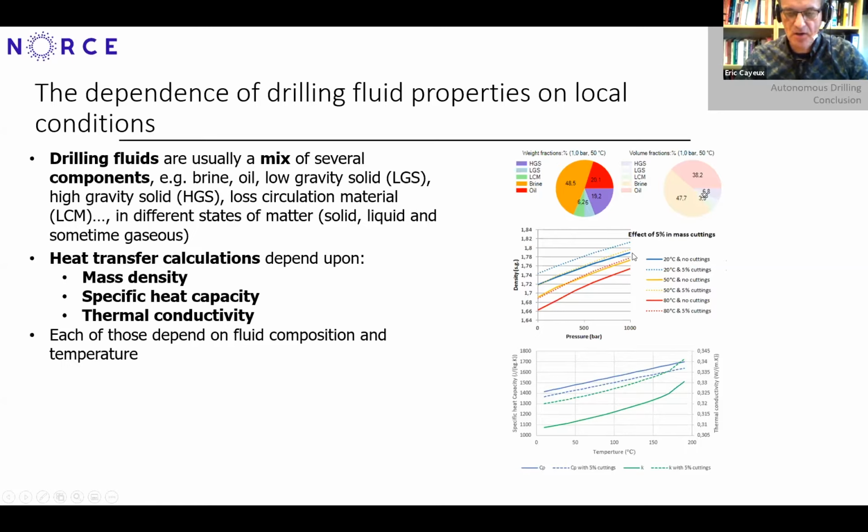So we can see here for the mass density how the PVT behavior is changing as a function of pressure and temperature, and also on the content of cuttings. We can see also here how the specific heat capacity, Cp, is changing as a function of temperature and also on the presence of cuttings, and the same for the thermal conductivity. So these will have influence on the heat transfer calculations.